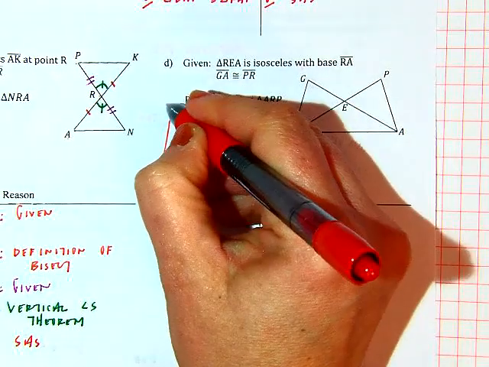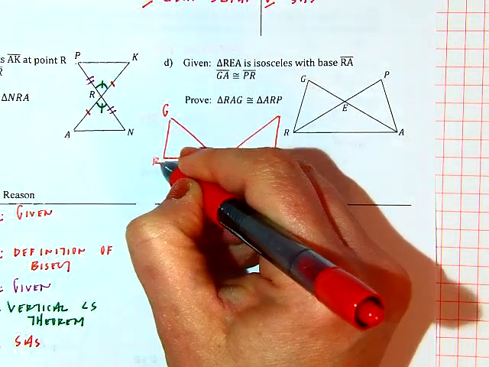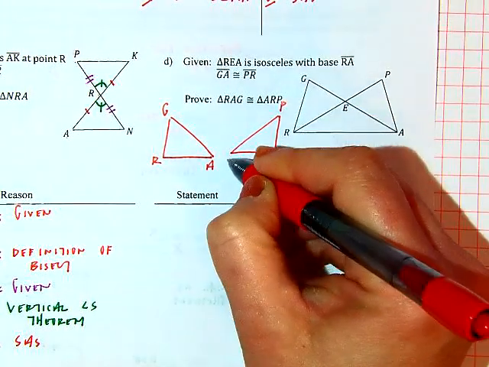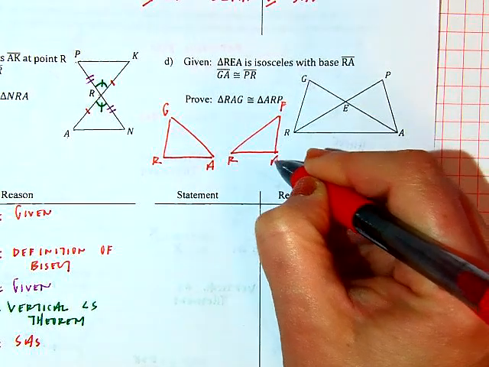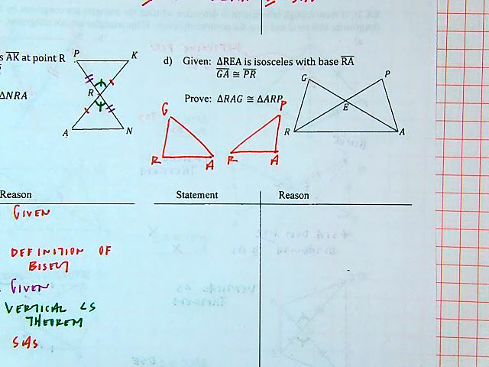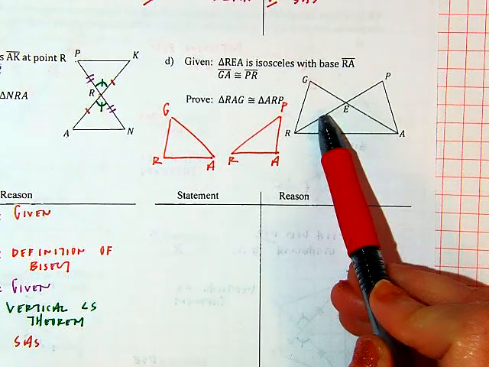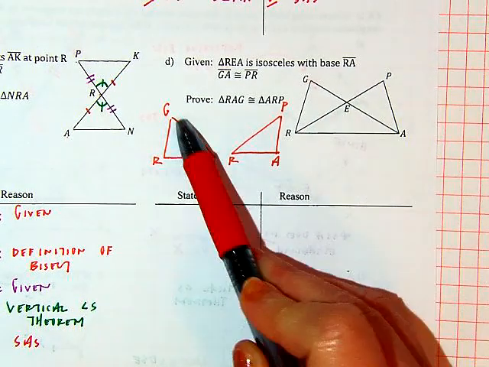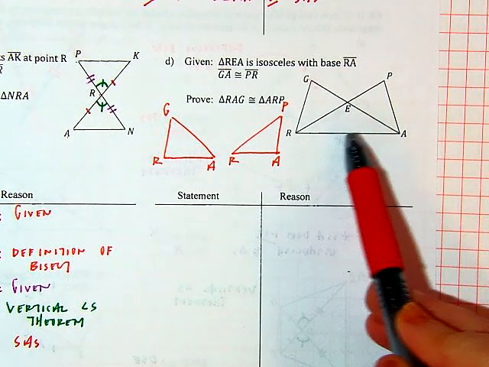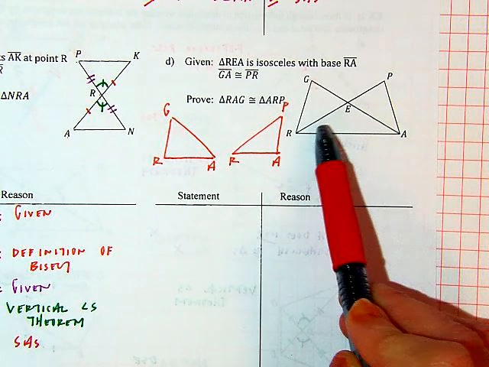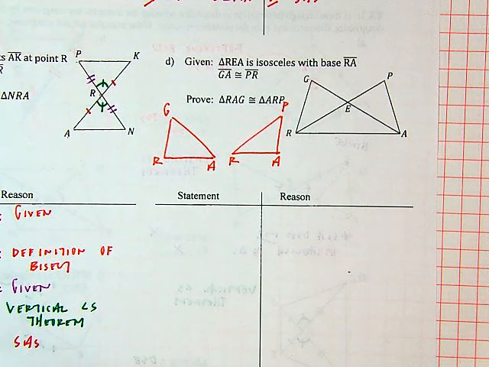So here is G, R, A, and here is P, R, A. Okay, so I'm focusing on what my end game is, and I have to figure out how to use the isosceles information. So linking up these two sides really is not helpful for these triangles, right? It doesn't lead me anywhere for these two triangles. So it must be these congruent angles that's going to be helpful.